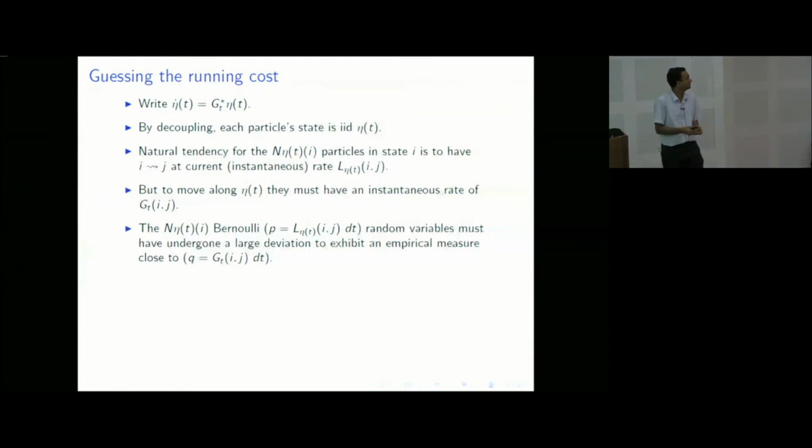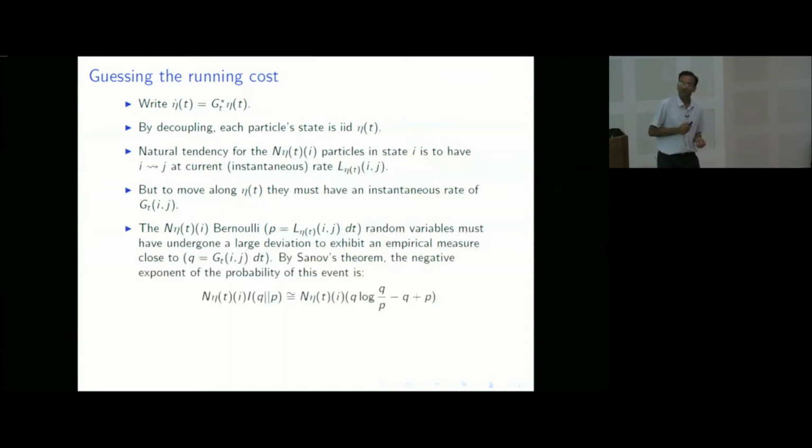They must have undergone a large deviation to exhibit an empirical measure or a sample mean close to q, not p, q which is G_t ij dt. Now, if you believe all of these things, then we can apply Sanov's theorem here, which basically says that these IID random variables have a large deviation principle with rate function given by relative entropy between this Bernoulli and this Bernoulli random variable.